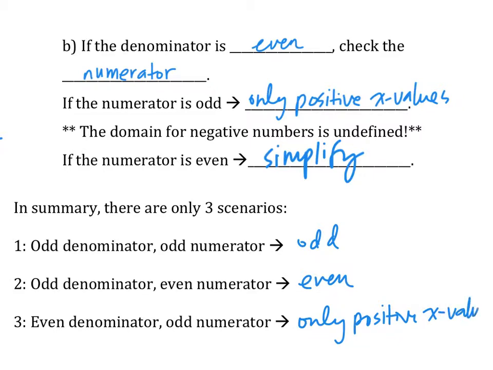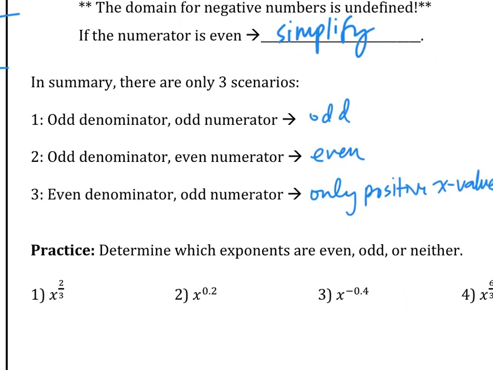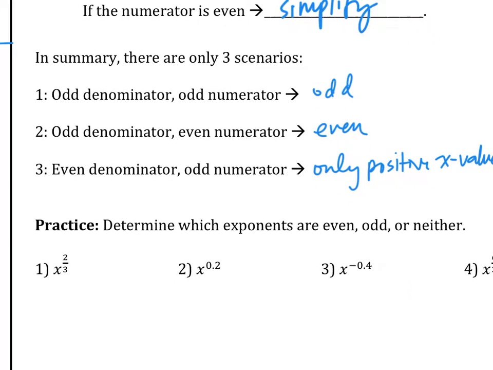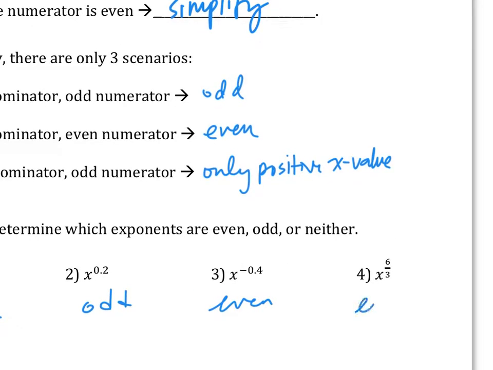And then the last one, obviously, you didn't simplify. All right, let's practice. 1, 2, 3, 4. Even, odd, or neither. Okay, even, odd, even, and then the last one is even.